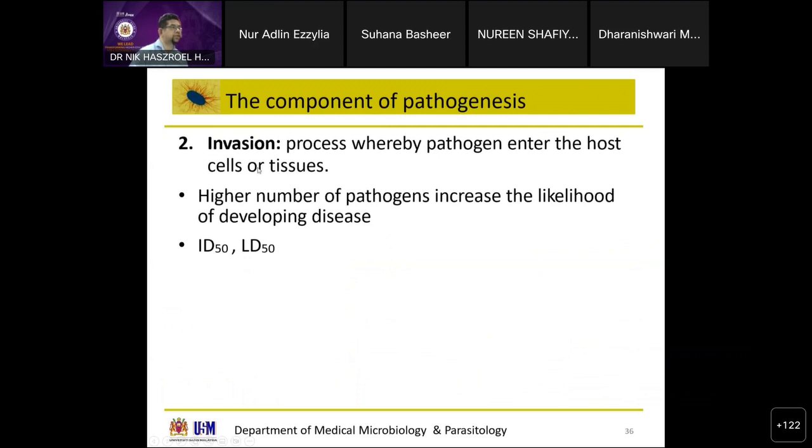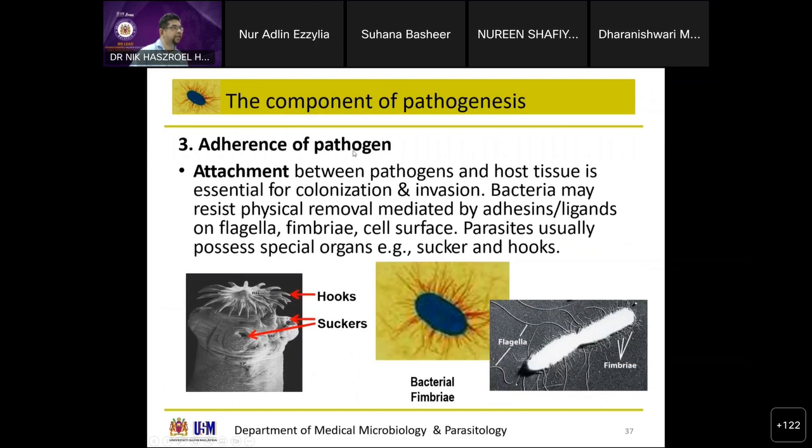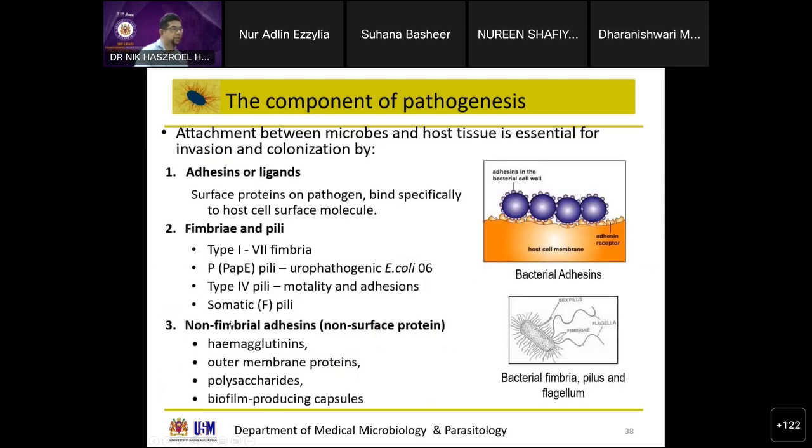So, invasion. Once they gain entry, they carry out the invasion process, whereby the pathogen enters the host and cell. A higher number of pathogens increases the likelihood of developing disease. They attach to the host, which we call adherence, through their properties.